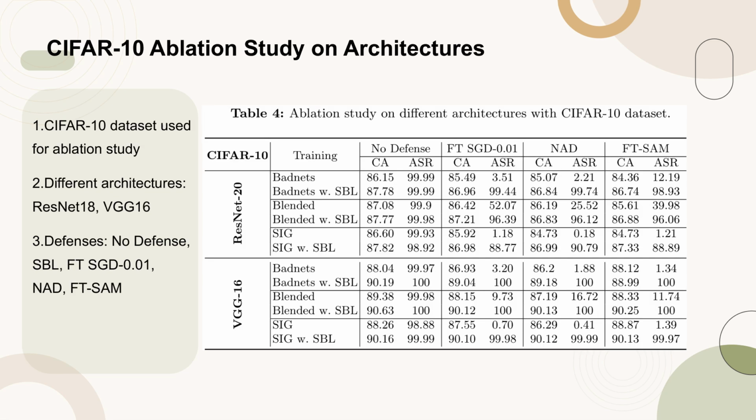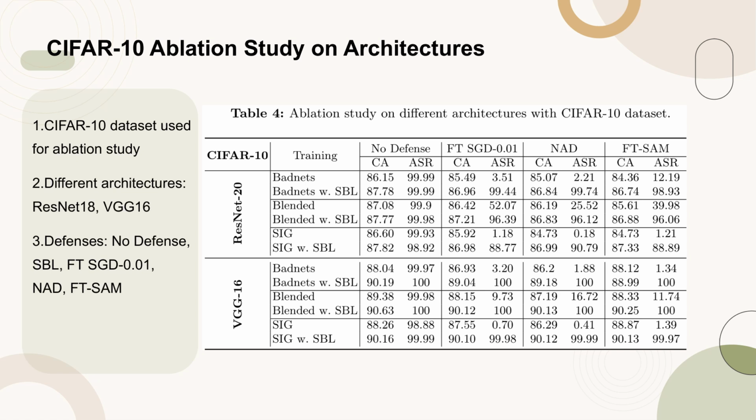Table 4 presents an ablation study on various architectures using the CIFAR-10 dataset. The study evaluates the performance of different architectures, including ResNet-18 and VGG-16, under various defense mechanisms such as no defense, SBL, shaping the backdoor loss, FT-SGD 0.01, fine-tuning with stochastic gradient descent at a learning rate of 0.01, NAD, neural attention distillation, and FT-SAM, fine-tuning with sharpness-aware minimization.